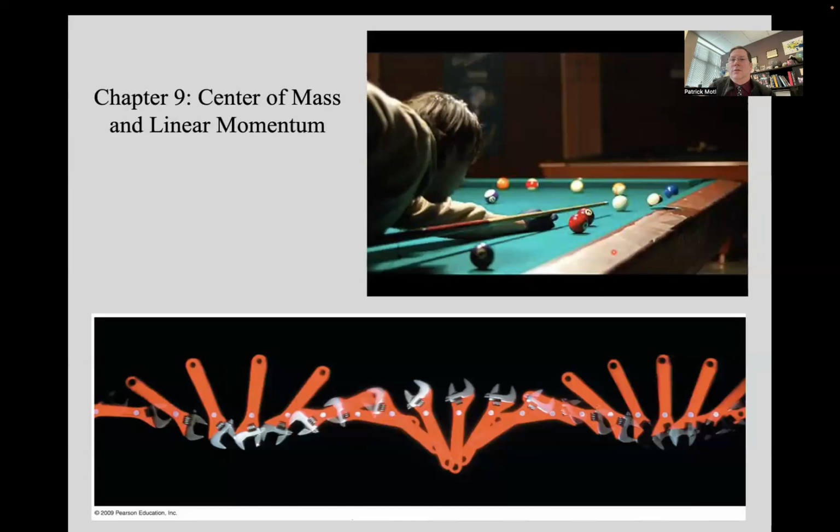So a great way to practice these ideas of conservation of linear momentum is just play a game of pool. Another thing illustrated is the role of the center of mass. So there's a dot painted onto this wrench.